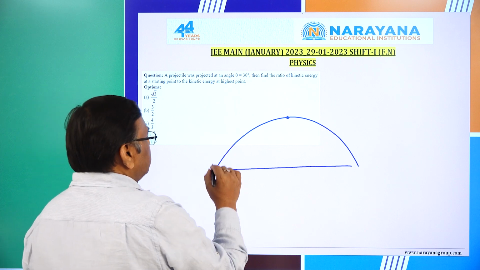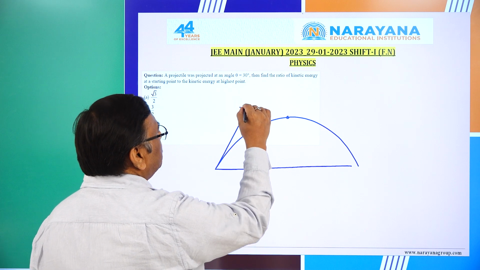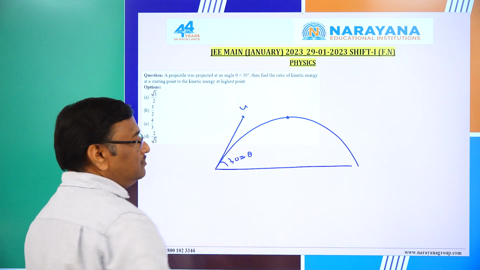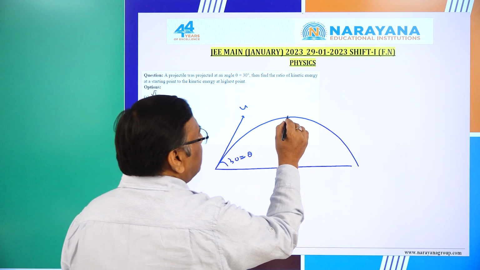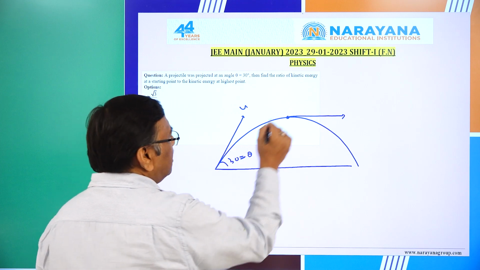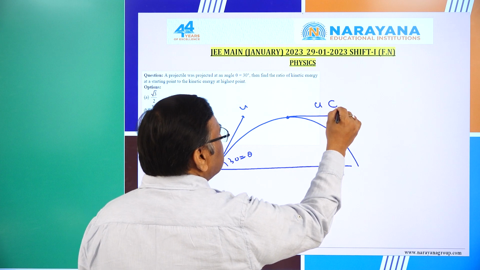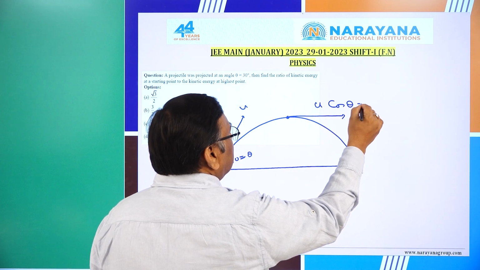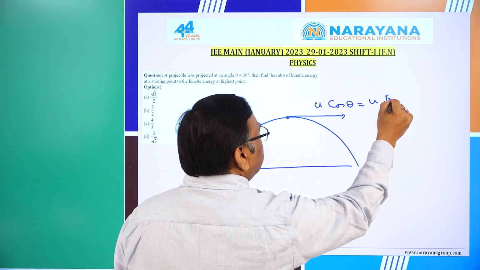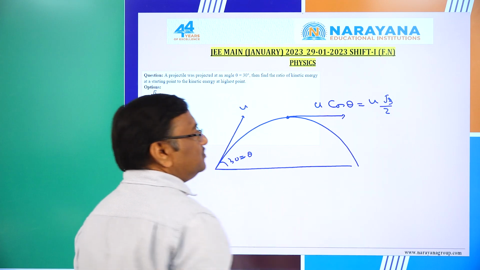Now suppose the body is projected with the speed u at an angle theta with the horizontal, given to be 30 degree in the question, and once the body reaches the highest point, as we said, there is no horizontal force acting on the body, so the horizontal component is going to be constant. So we can say it is going to be u cos theta, rather u cos 30 degree, and cos 30 we know is root 3 divided by 2.